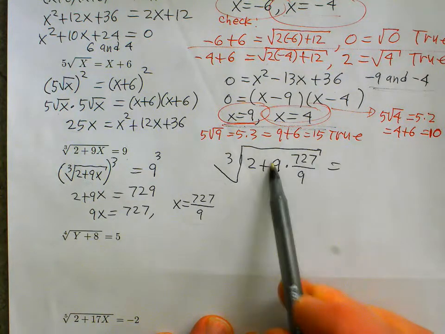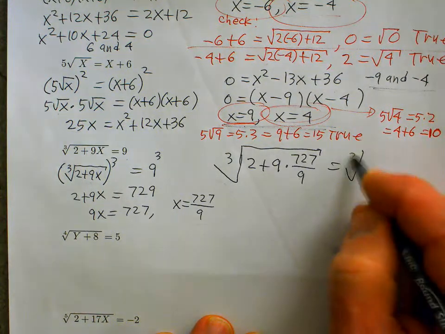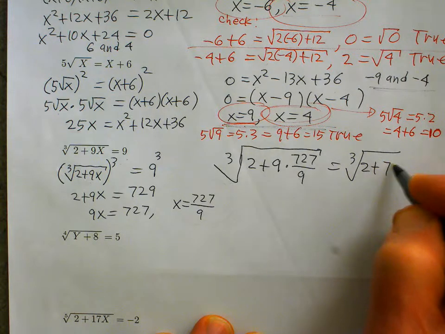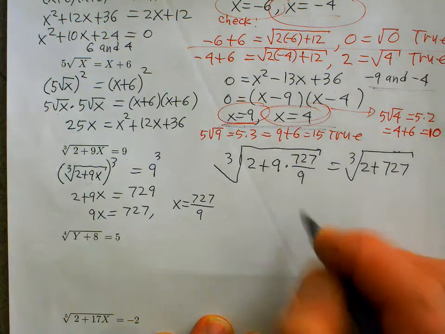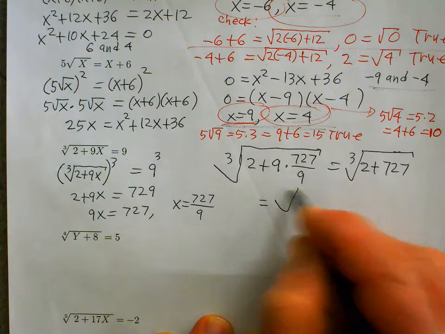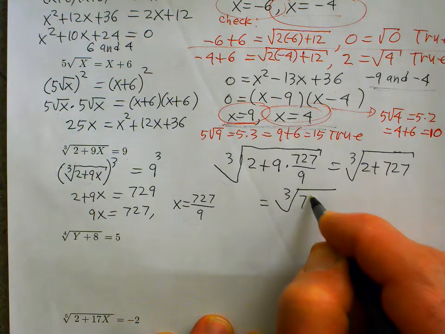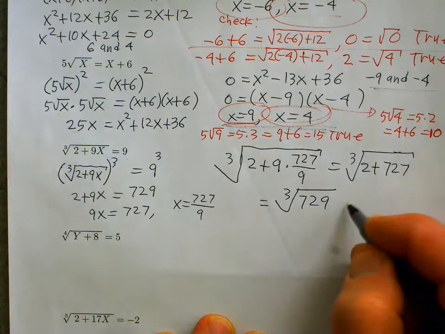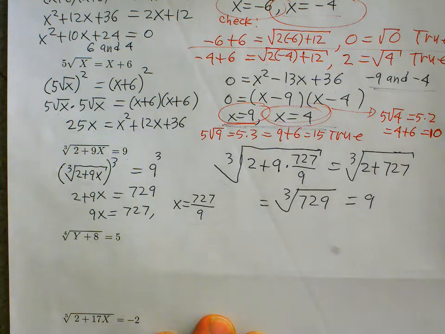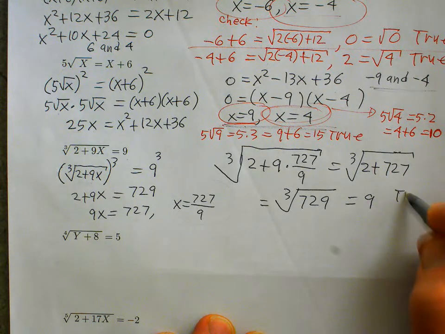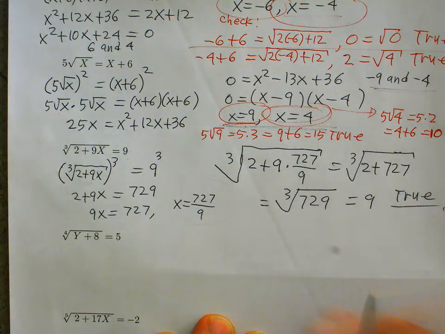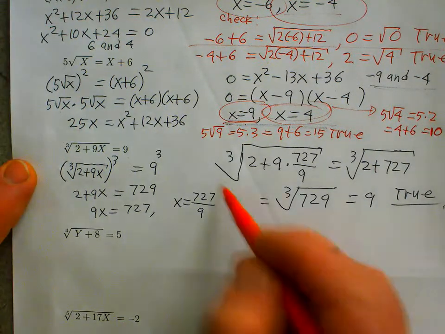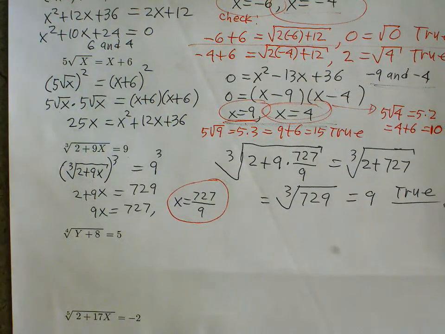The 9s cancel, so we get the cube root of 2 plus 727, which is the cube root of 729. 729 is a perfect cube, which is equal to 9. So the resulting equation is true. So x equals 727 over 9 is the solution.